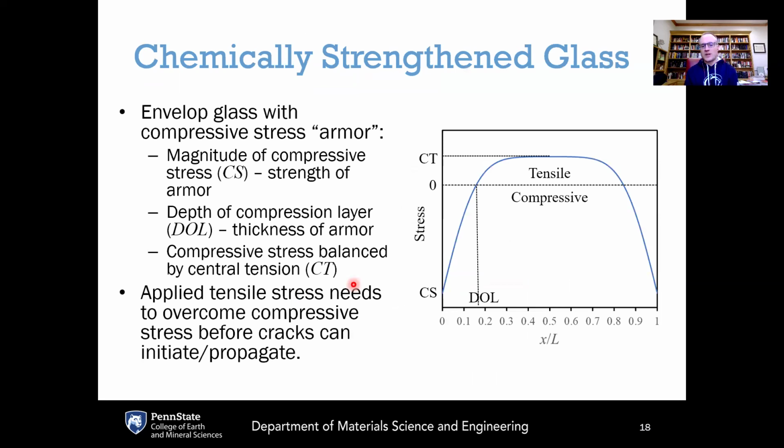Now, if we plot this, this shows a plot of the stress as a function of distance going through the thickness of the glass. The x-axis here is just the normalized distance into the glass. So 0 is one side of the pane of glass, 1 is the other side.